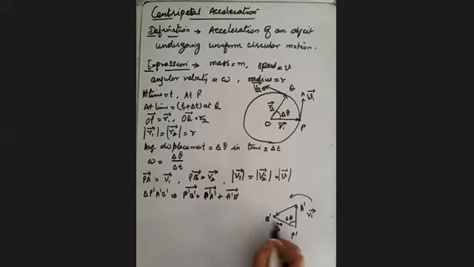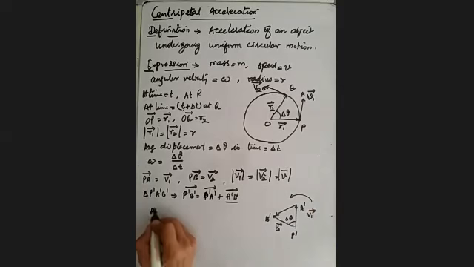So P dash A dash vector plus A dash B dash vector is equal to P dash B dash vector. So from this we can get the A dash B dash vector.